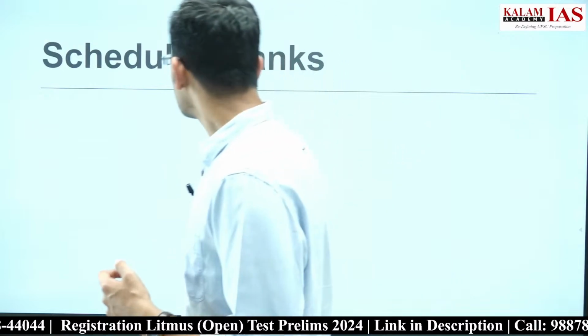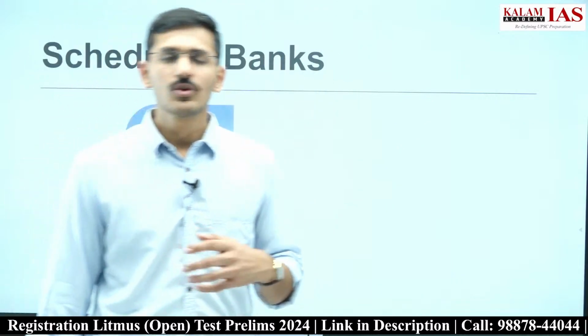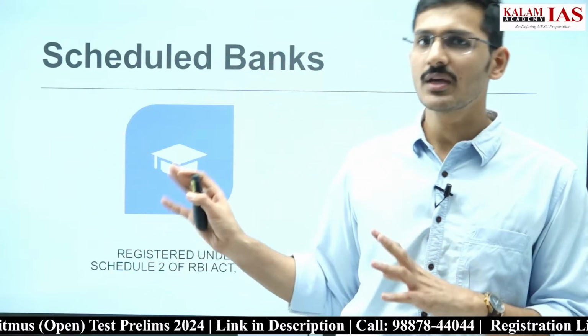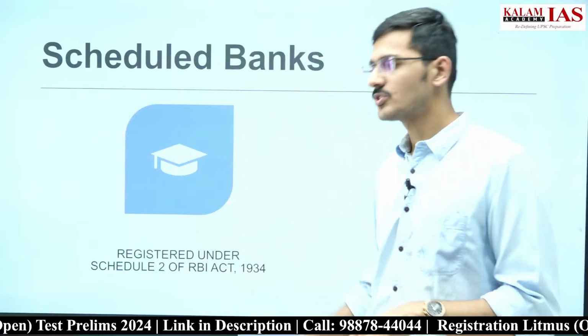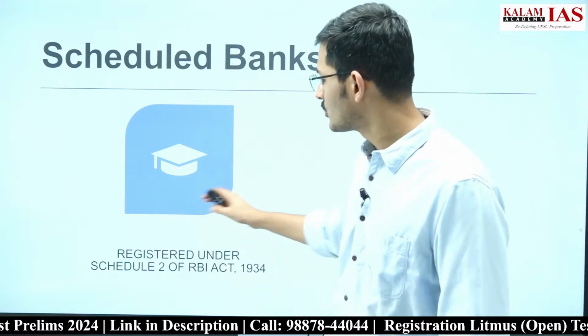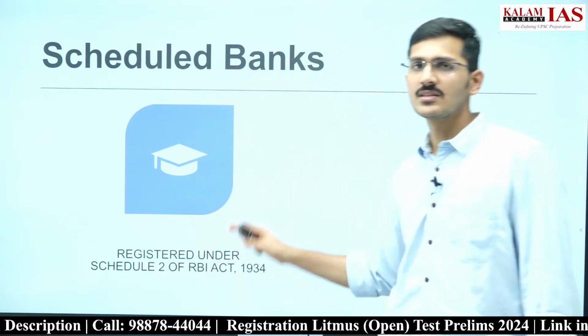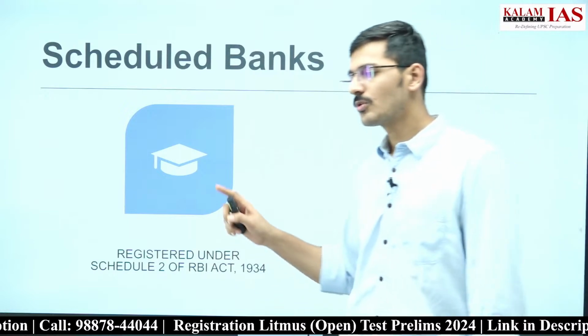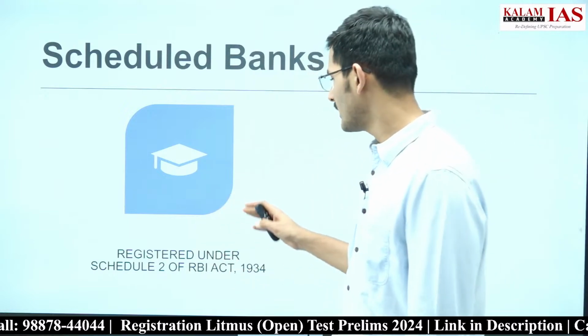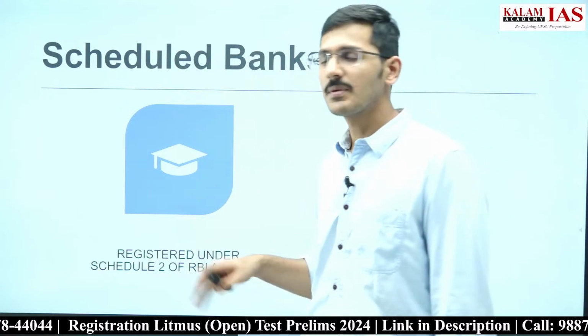Now there are banks which we call scheduled banks. Most commercial banks are scheduled also. Scheduled banks are basically those registered under Schedule 2 of the Reserve Bank of India Act 1934, not the Payment and Settlement Act or any other banking regulation act. People get confused between the RBI Act and the Banking Regulation Act.